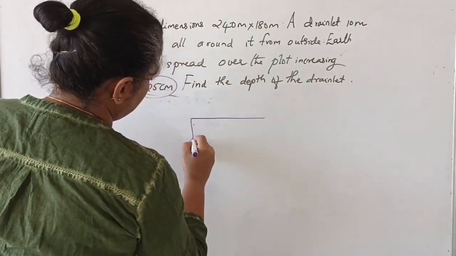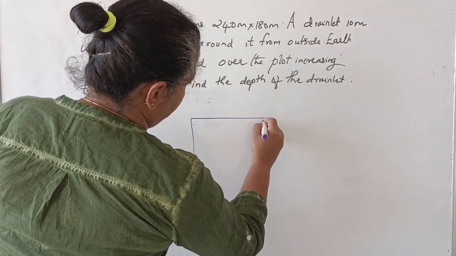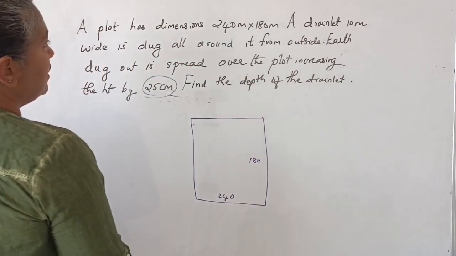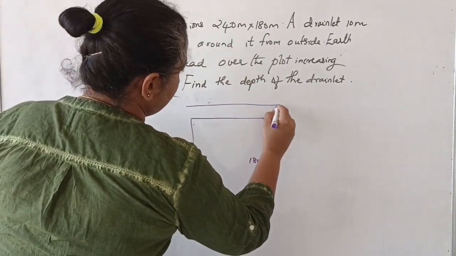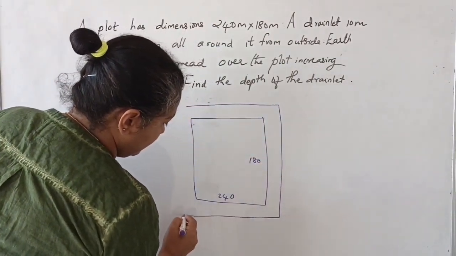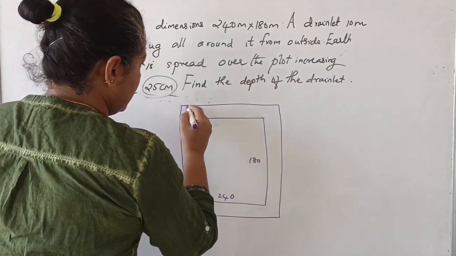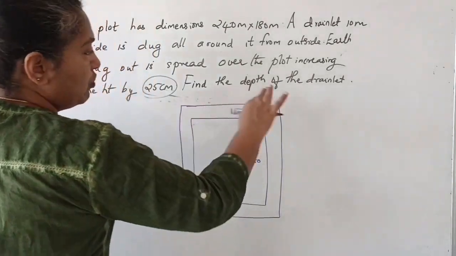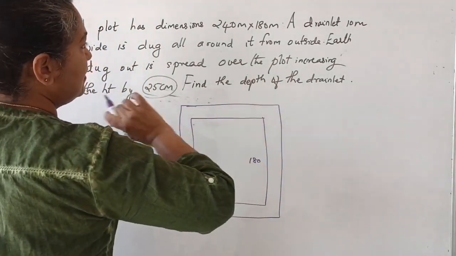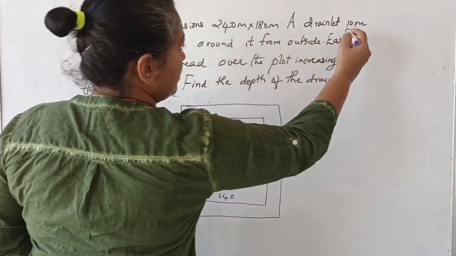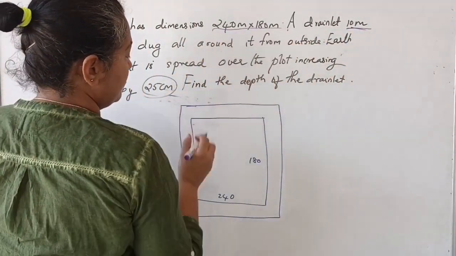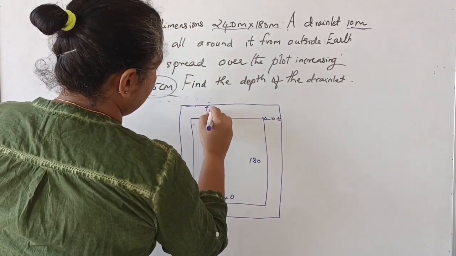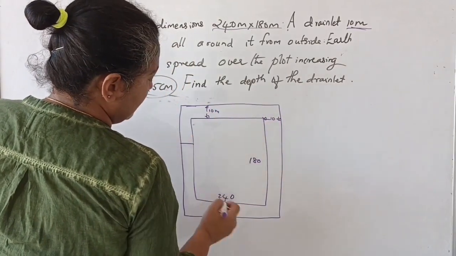So let me see how it works. My plot is of size 240 by 180. Now there is a drainlet which is dug outside. You know what is a drainlet? Let us say it is a canal-like shape, it's a cuboid. They are telling that it is of the same width across, which is 10 meters. So here I have a 10 and here I have a 10, here also a 10.